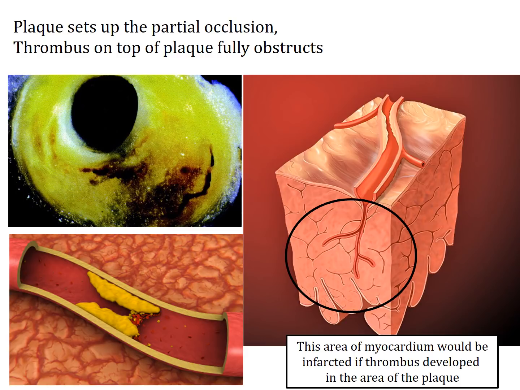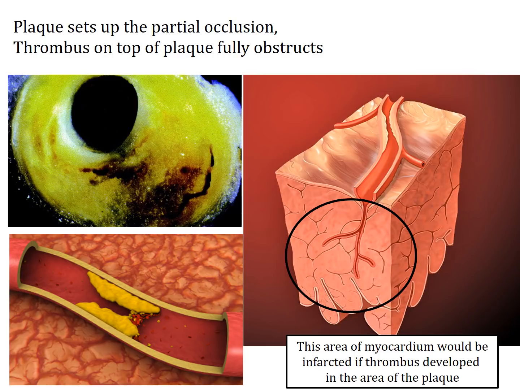Plaque begins setting up the partial occlusion, and if we put thrombus on top of the plaque, then we can fully obstruct that vessel. So look in the upper left here, see all that plaque in the vessel? And now see that hemorrhage within the vessel. Remember that hemorrhage comes from that microcapillary network referred to as the vasa vasorum.